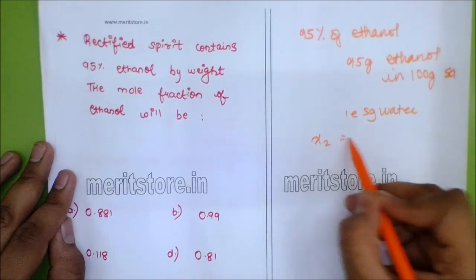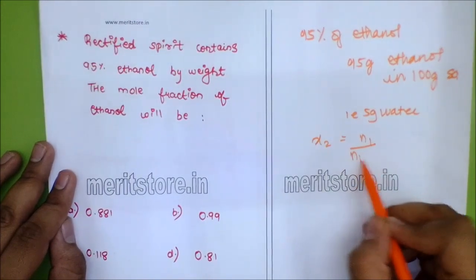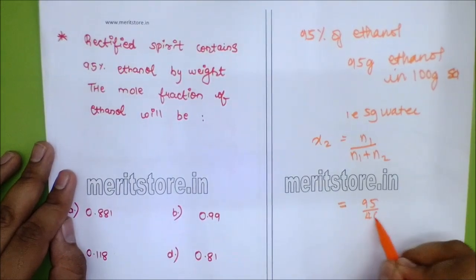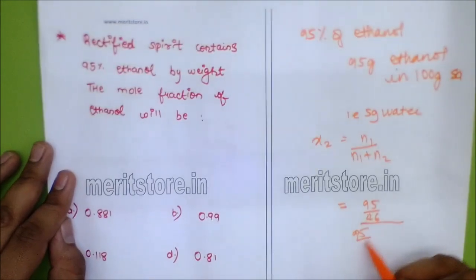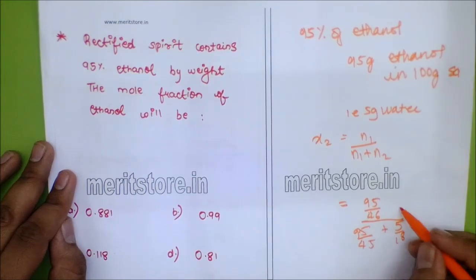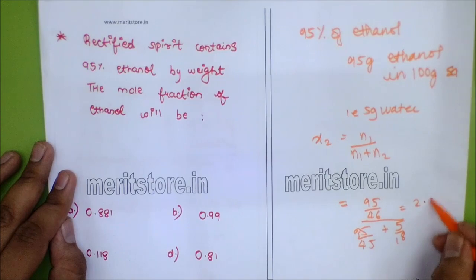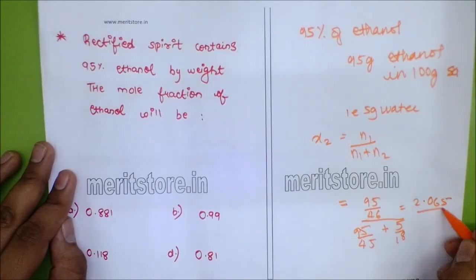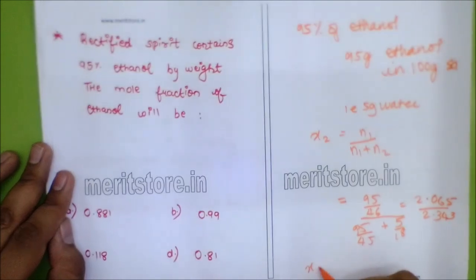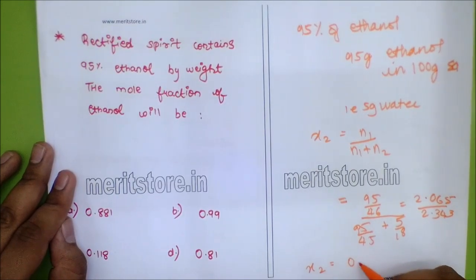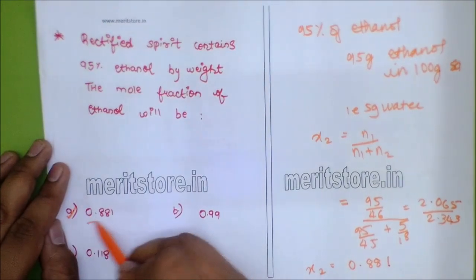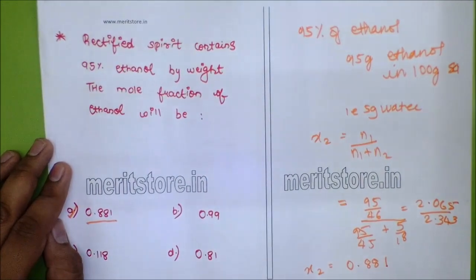So X2, that is mole fraction, is equal to N1 upon N1 plus N2, which is equal to 95 by 46 upon 95 by 46 plus 5 by 18, which on solving we get 2.065 upon 2.343. On solving this, we get value for X2 is equal to 0.881. So option A, 0.881, is the correct answer.